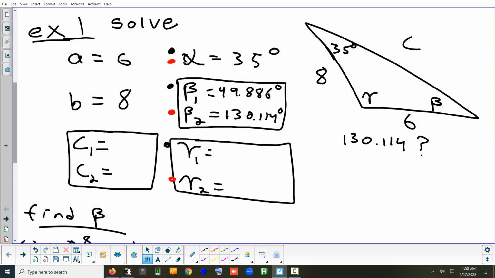As far as sides, we could do the same thing. A is in the first problem, B is part of the first problem, and C1 is part of the first problem. A is also part of the second problem, B is part of the second problem, and C2 is part of the second problem.